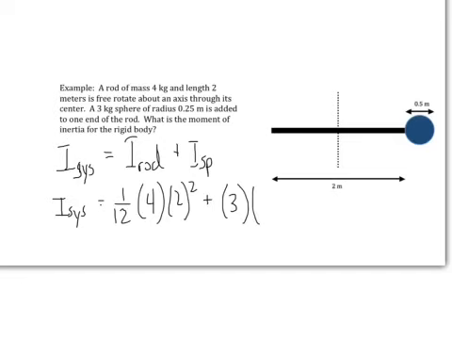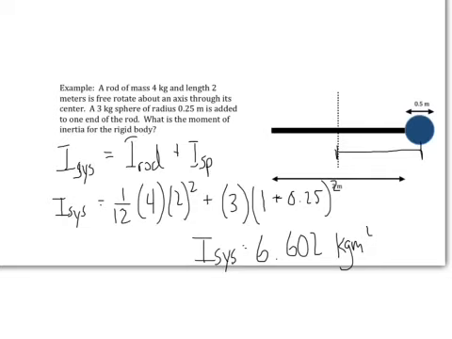Now the radius is the distance from the axis to the center of the sphere, kind of like gravitation, where we use the distance between two planets being the distance between their centers. Same sort of thing here. So the length, or half the length really, 1 meter, plus the additional radius, 0.25 meters, and we go ahead and square that.